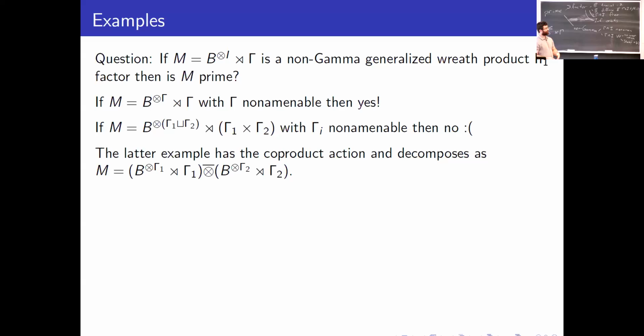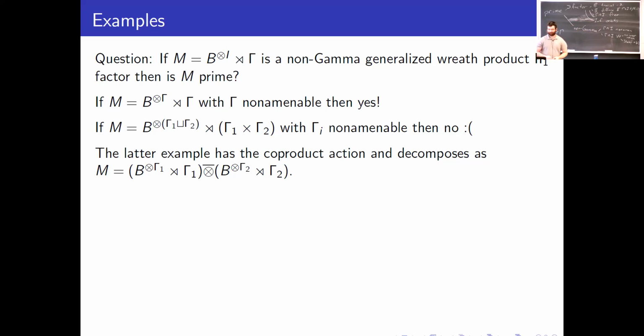What am I trying to say? You have two orbits, one that looks like gamma 1, one that looks like gamma 2. If you have a (g1, g2) from gamma 1 times gamma 2, g1 acts on things in the gamma 1 orbit, but it does nothing to the gamma 2 orbit, and vice versa. And then it decomposes into a tensor product, right?